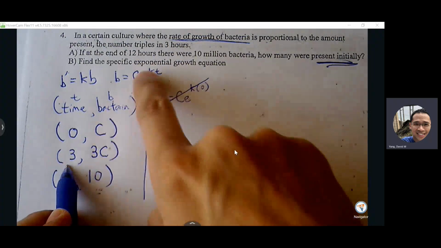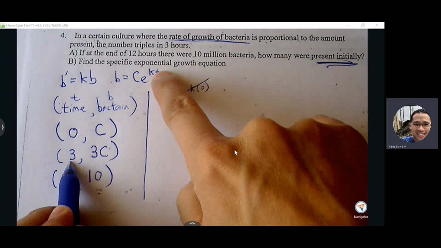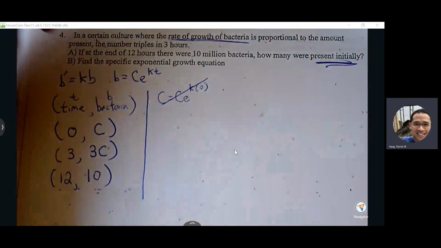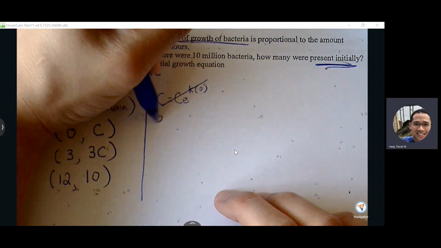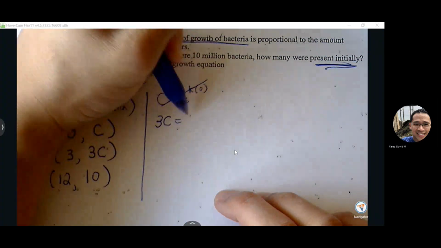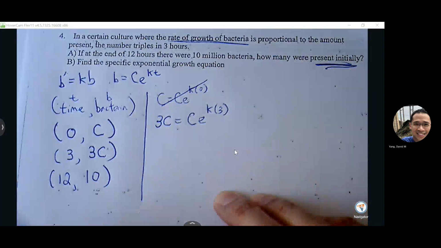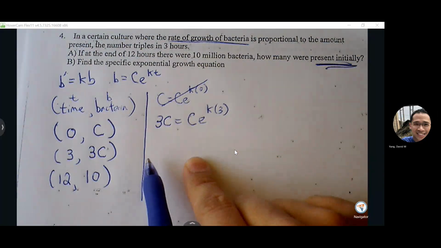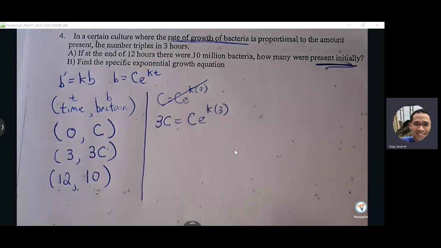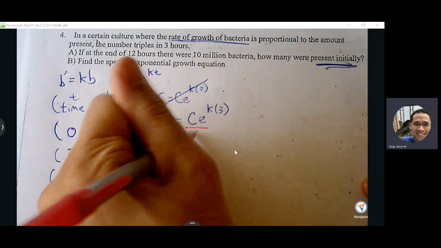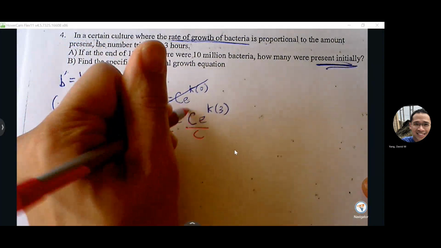But maybe this can help me out. Okay, so I'm going to use this ordered pair, insert 3 in for T, 3C in for B, and see if maybe that can help me solve for one of the variables that I'm looking for. I want to solve for K. What's an easy thing to move? C. So if I divide by C, what's going to happen? It'll cancel out.